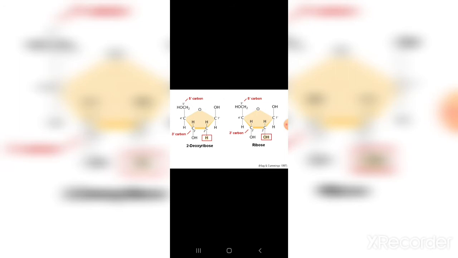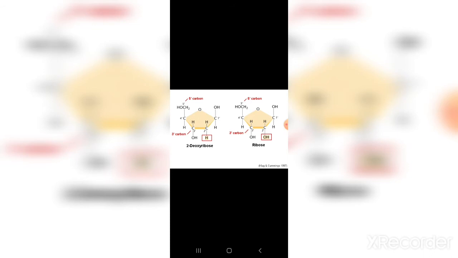Okay, now this is a deoxyribose, and there is also a genetic material I told you, that is RNA, which is a ribose nucleic acid. What is the basic structural difference between deoxyribose and ribose?